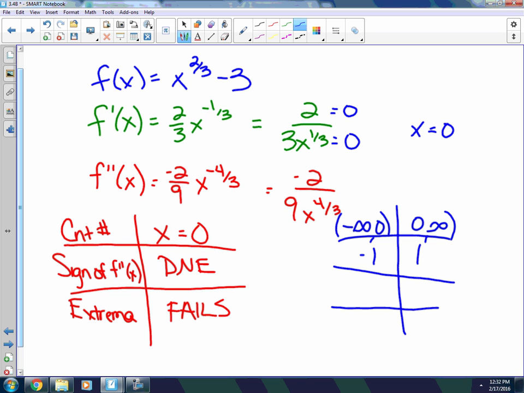If I plug a -1 here, what is the cube root of a -1? -1 times 3 is -3, so 2 over -3 is negative. When I plug a 1 in here, what does that give me? Positive or negative?